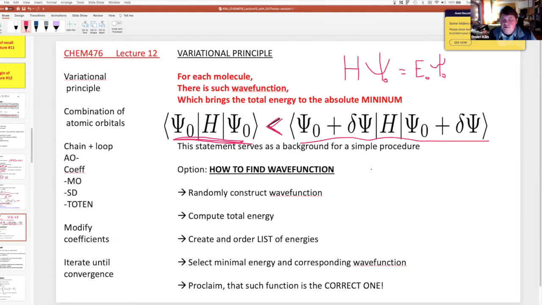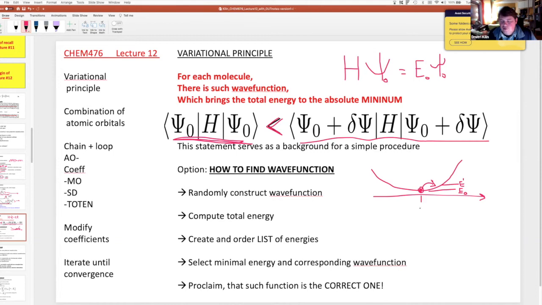If I make an analogy with our one-dimensional geometry optimization, it is like if we are already in the minimum, any motion away from this minimum will increase the energy from E naught to E prime.